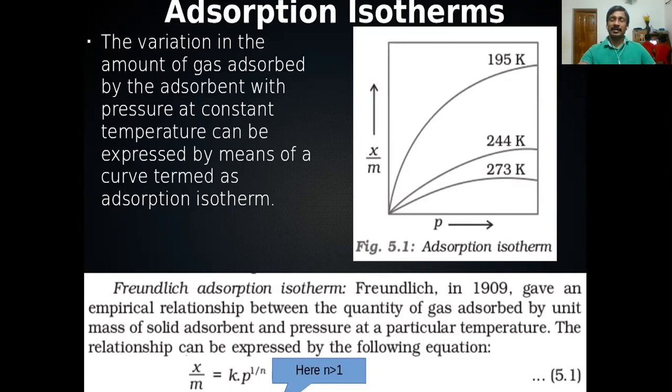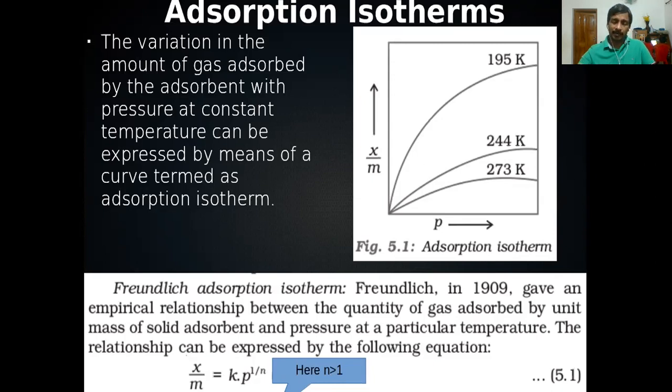So we can represent this equation generally as x by m is equal to kp raised to 1 by n. K is the proportionality constant. It is known as Freundlich adsorption isotherm. Here n can have values greater than 1.